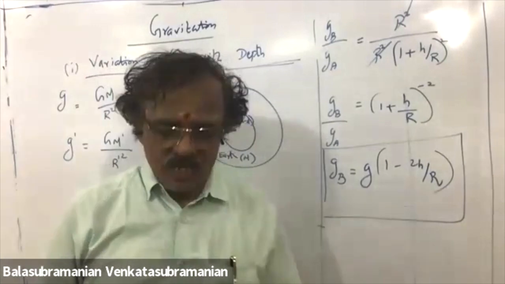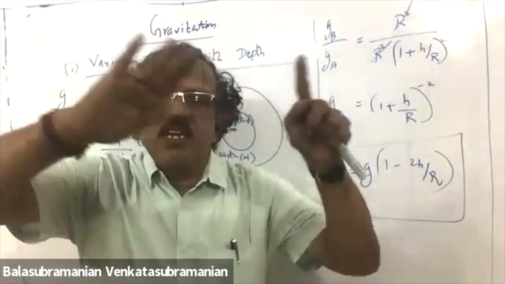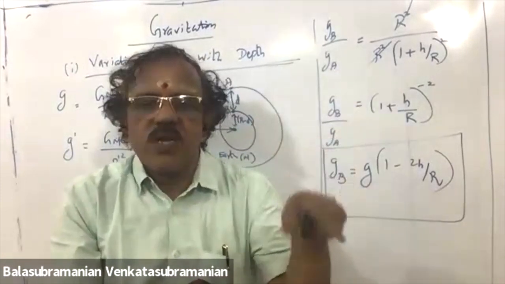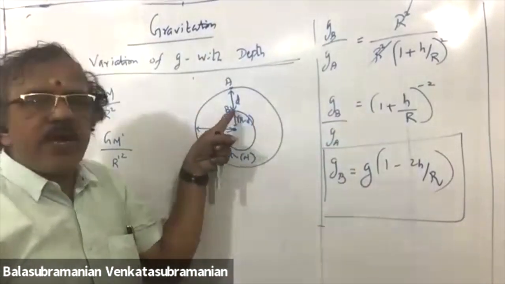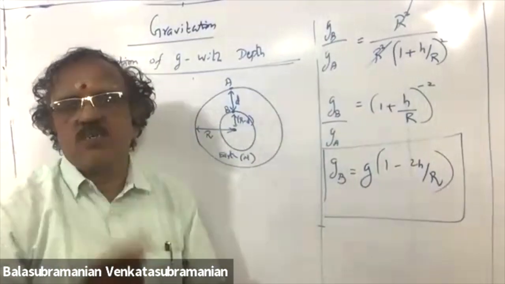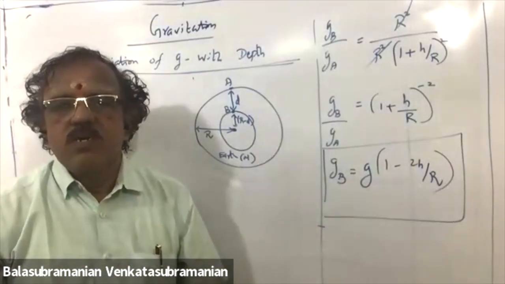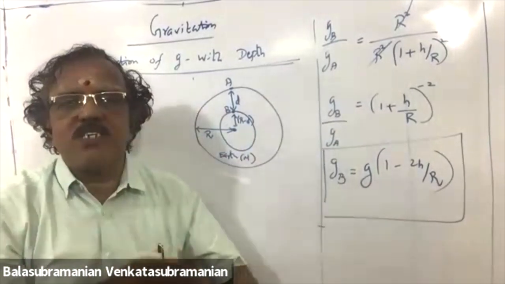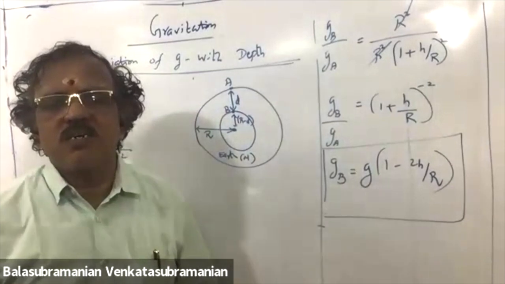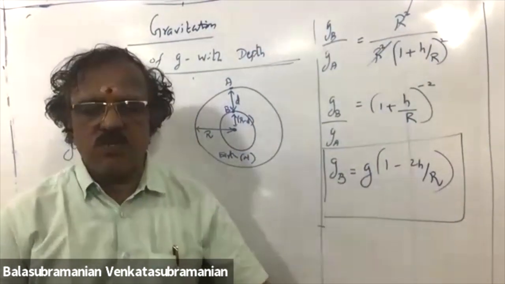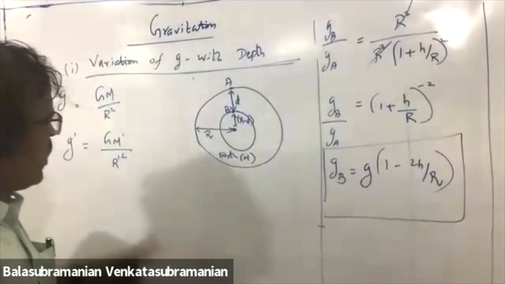But here we are considering the entire earth, the huge one, that mass is M. When you come down to the point B, the portion of the earth is small, so definitely the mass will change. Volume is reduced, and mass is volume into density, so mass is also reduced. So I am putting M dash.